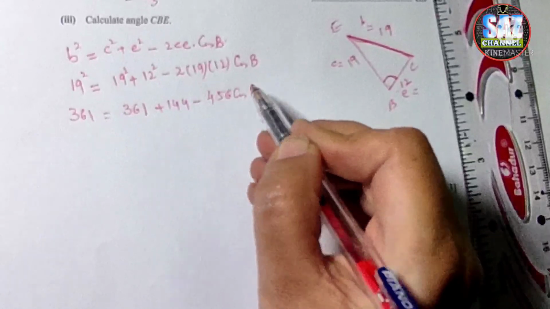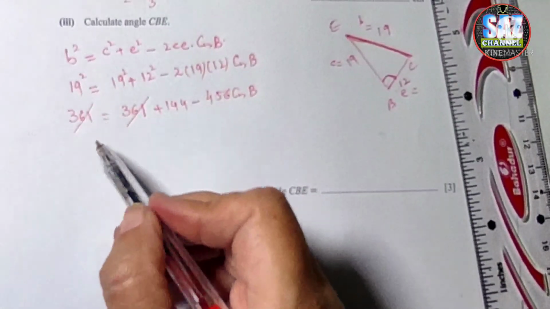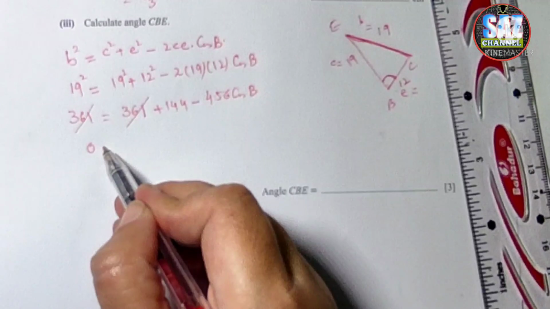Now look, this 361 can easily go with this 361. Learn to make your calculation easy.